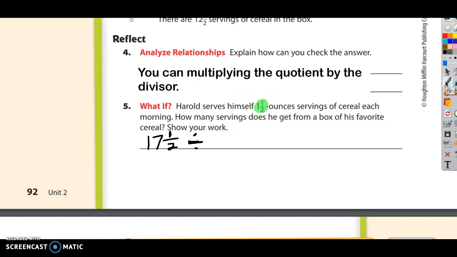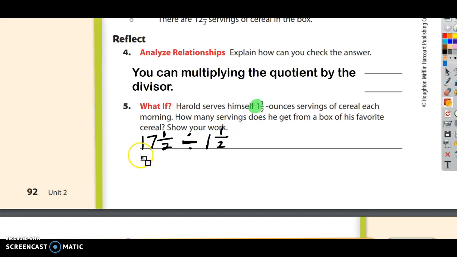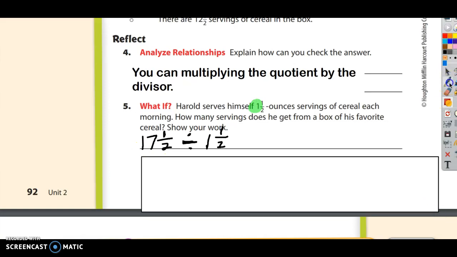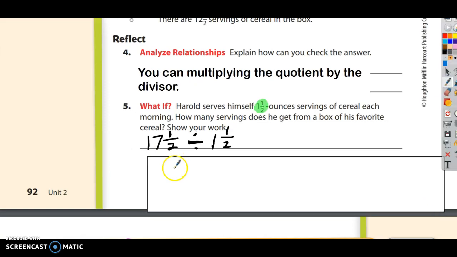So instead of dividing by 1 2/5, we're supposed to divide by 1 1/2. Now, if you think, oh man, now I got to do this problem again, not all of it, because we already did 17.5. That's 35 halves. Do you remember that? And 1 1/2 is 1 times 2 is 2, plus 1 is 3. It's 3 halves.